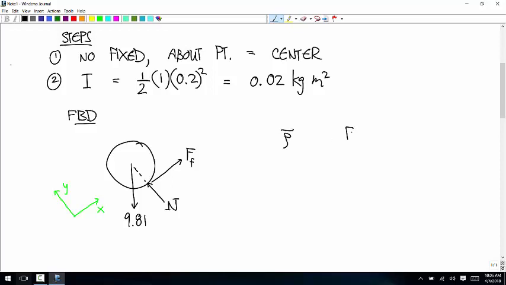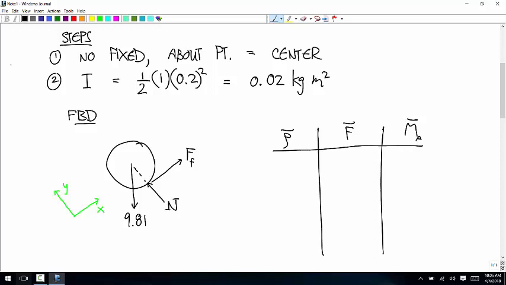Then rho, force, moment. About point is the center. So for the weight force, it's at the center, there's no rho vector. The force vector is, this angle here is 240 degrees.